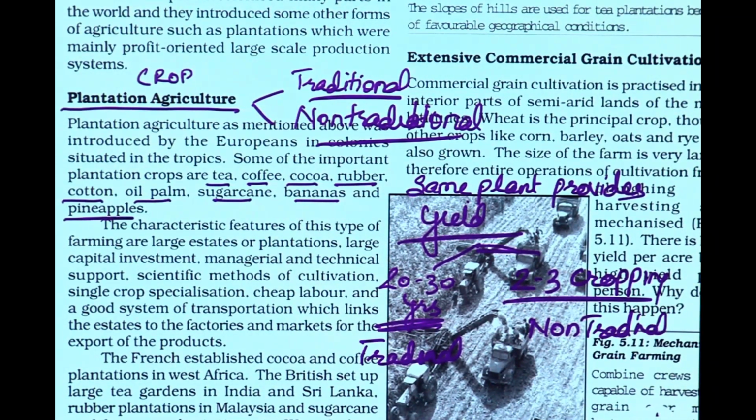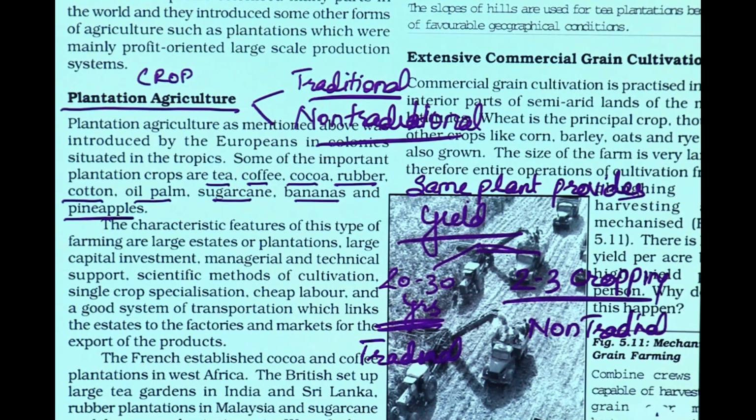So what makes plantation agriculture a special type of agriculture, in spite of the fact that it is related to cultivation of crops, is that when I am harvesting plantation crops, I don't deroot the plant. The same plant tends to give me yield for a longer time, and that is what makes it a special type.